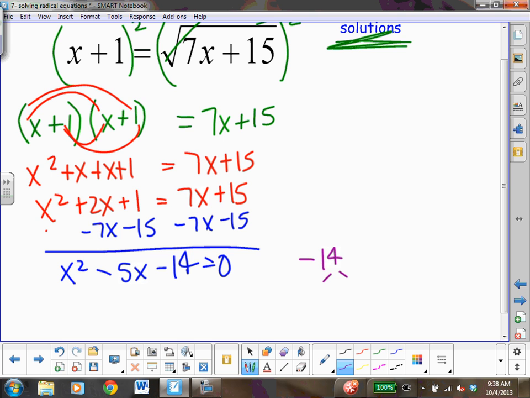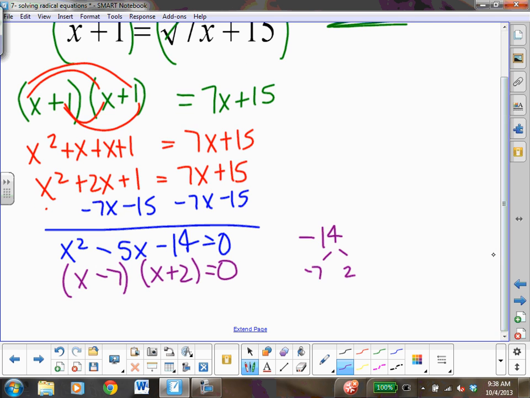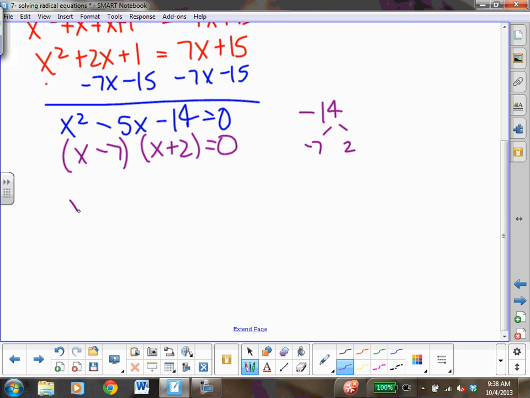Factors of 14 that when I add them up, I get negative 5. So that would be negative 7 and positive 2. Since the leading coefficient is 1, this factors very quickly. Then I will set each factored part equal to 0, x minus 7 equals 0, and x plus 2 equals 0. So x equals 7 and x equals negative 2.